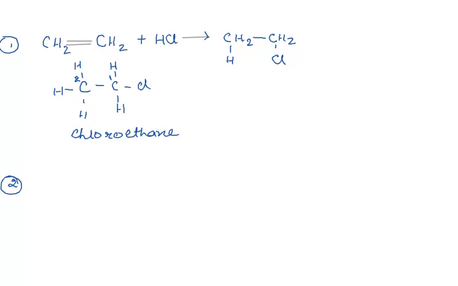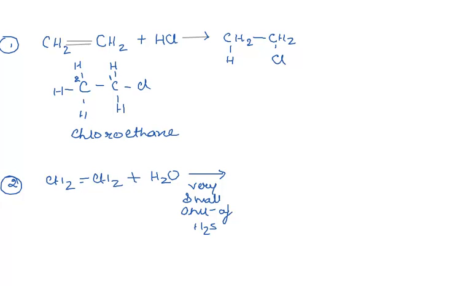Like your CH2 double bond CH2, this reacts with water in the presence of a small amount of sulfuric acid. Okay, so it is a very small amount. What will it do?